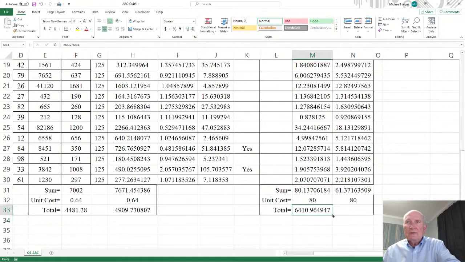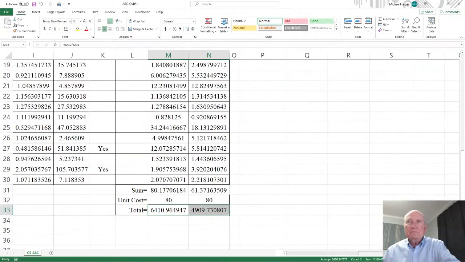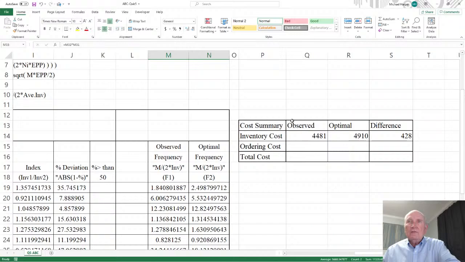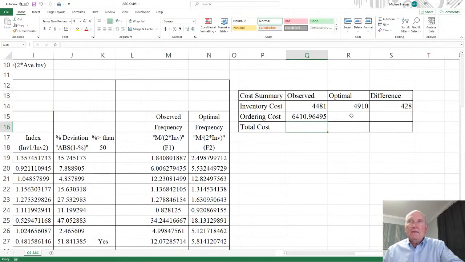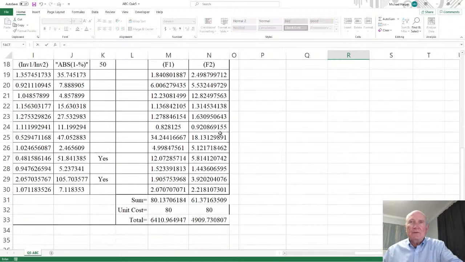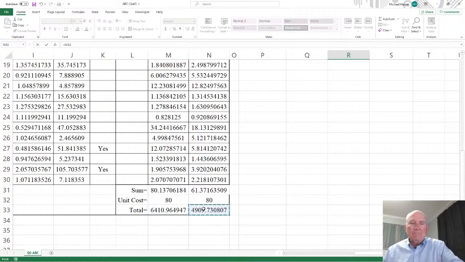Bring this over. And now we have the two values. We can bring these up. The observed ordering cost equals observed frequency, which is going to be that. The optimal ordering cost equals, for the optimal frequency, the cost is going to be that.